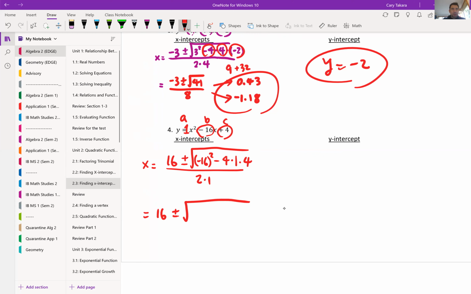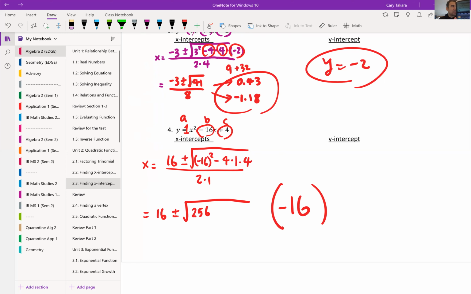Negative 16 squared, I don't remember 16 squared, 256. So it's positive 256. Again, when you do the square, especially of a negative number, make sure you put it in parentheses. You put negative 16 and then you do the square, okay?